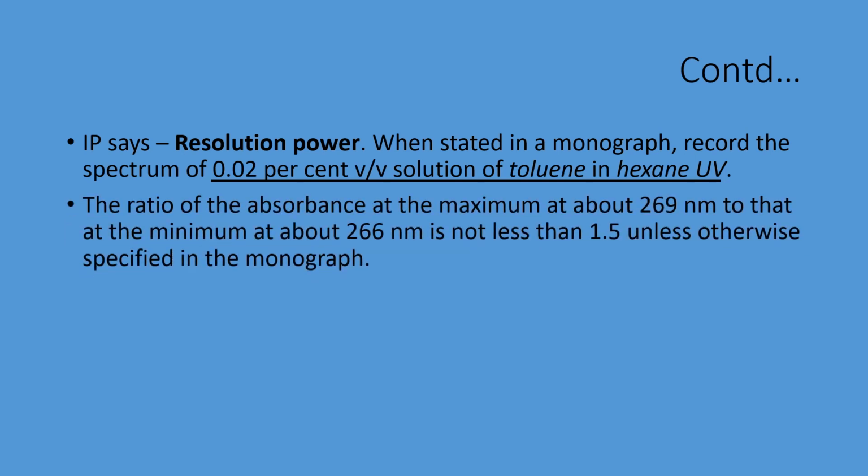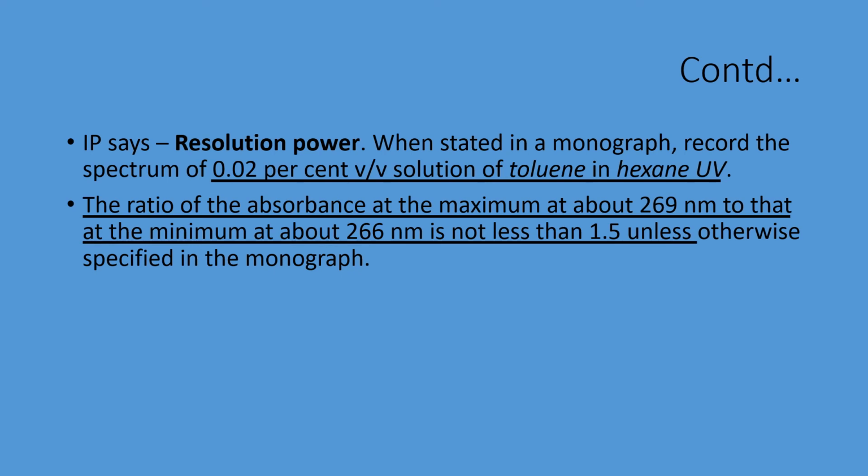The ratio of the absorbance at the maximum at about 269 nanometers to that at the minimum at about 266 nanometers is not less than 1.5 unless otherwise specified in the monograph.